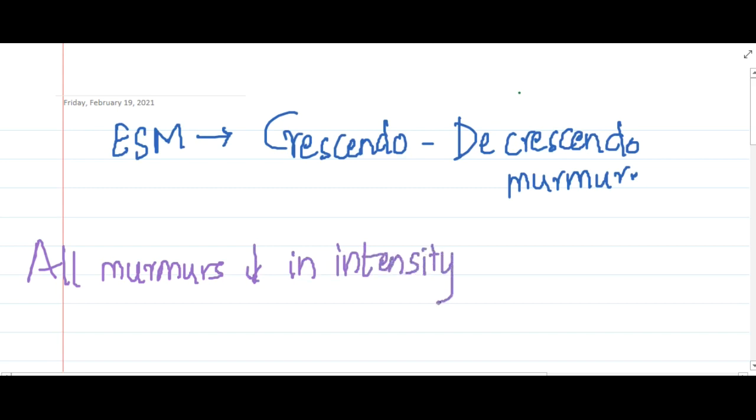All murmurs will decrease in intensity with Valsalva, standing, or by inhalation of amyl nitrate.